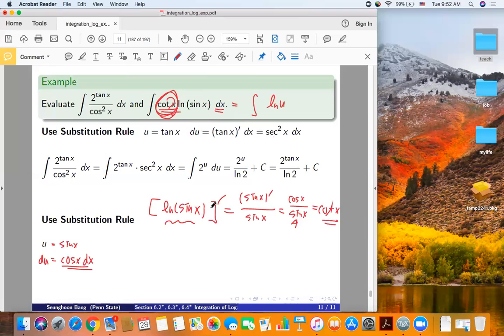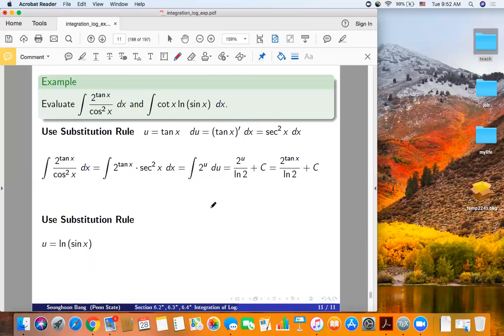That's right. This is the idea. You can try one thing. So u equals sine x failed. You can choose another one. The ln sine x is one good choice. We can use the identity here.